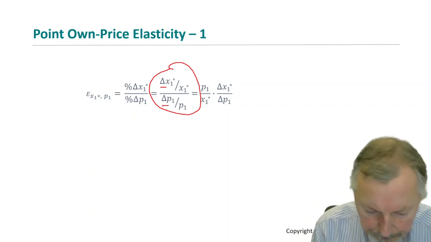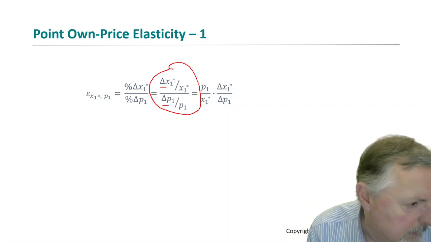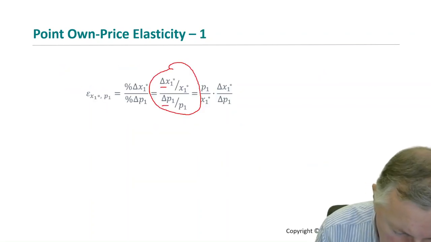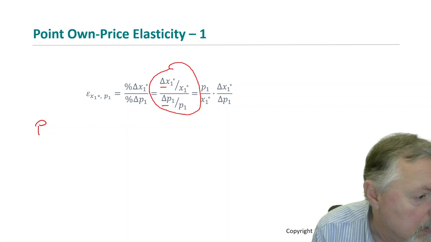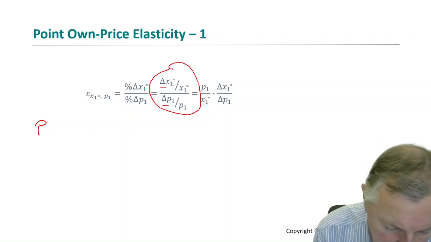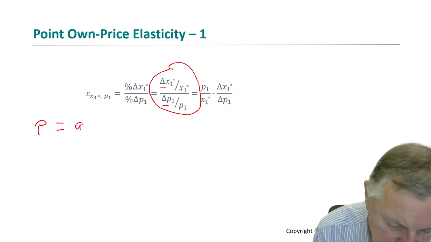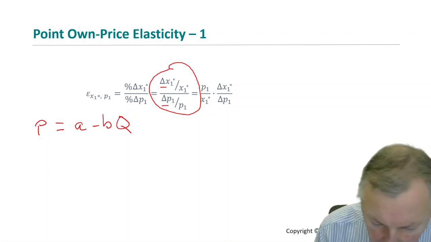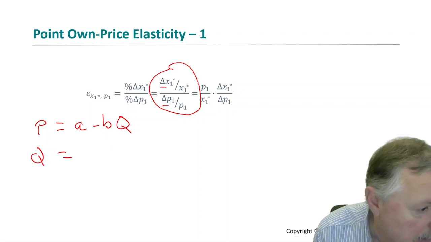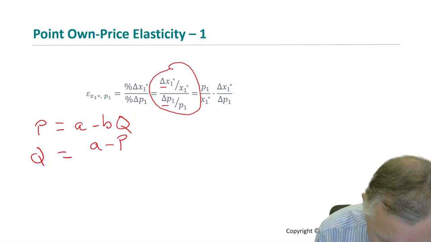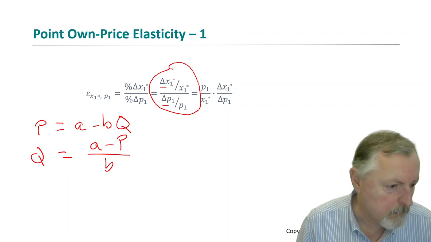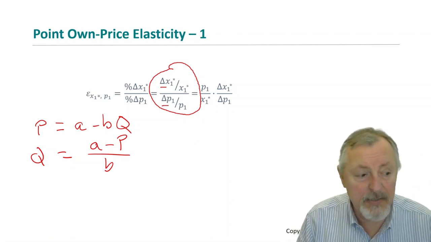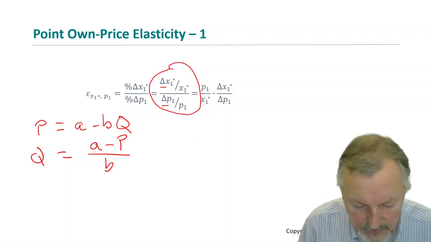Let's assume that the formula for quantity is, the price is some number A minus B times quantity. Solve for quantity, and you get (A minus price) over B. Now, I'm going to simplify that algebraically just a bit because it makes the derivative a little more obvious.